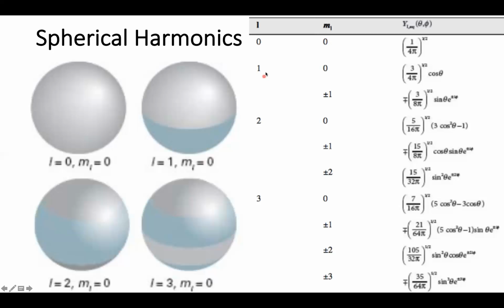Then when we go up to a value of L of 1, this means I'm now at my first excited state. So I am going to be generating an angular momentum, but now I have a couple of options. And they're going to more or less revolve around what direction that angular momentum is pointed. So if m sub l is 0, that means that none of the angular momentum is going to be pointed in the z direction.